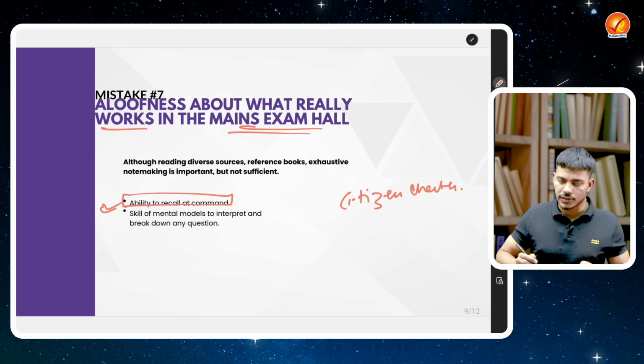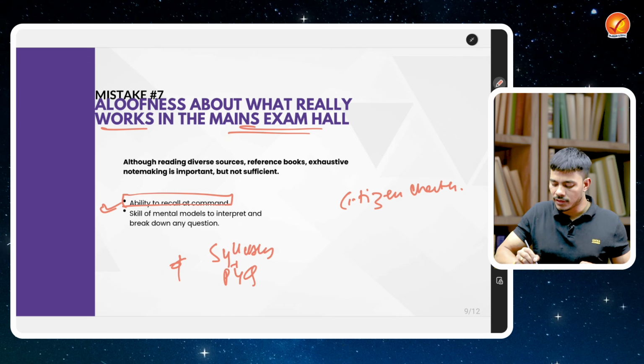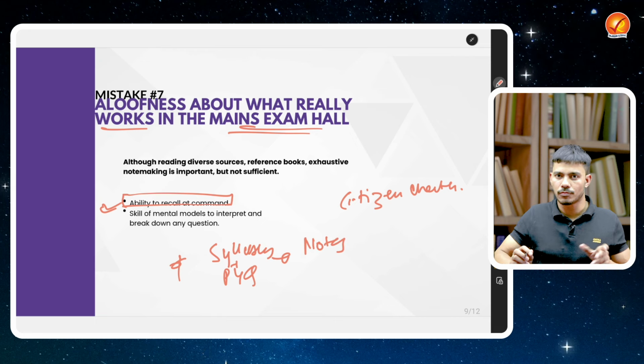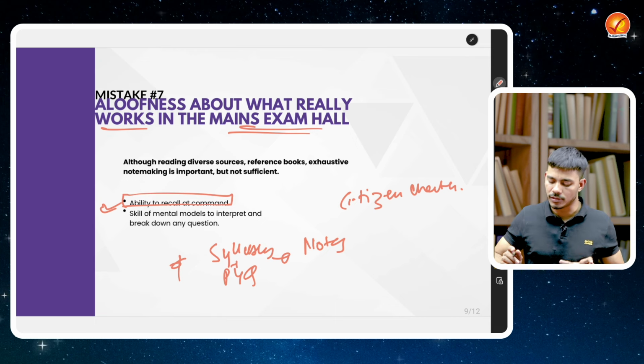Okay, and what are the different ingredients that go towards this exercise? Firstly, having a very good understanding of the syllabus along with PYQs. If you do this right, then you are going to make very good quality notes. Your notes will be of good quality, directed towards the precise demands of the examination.